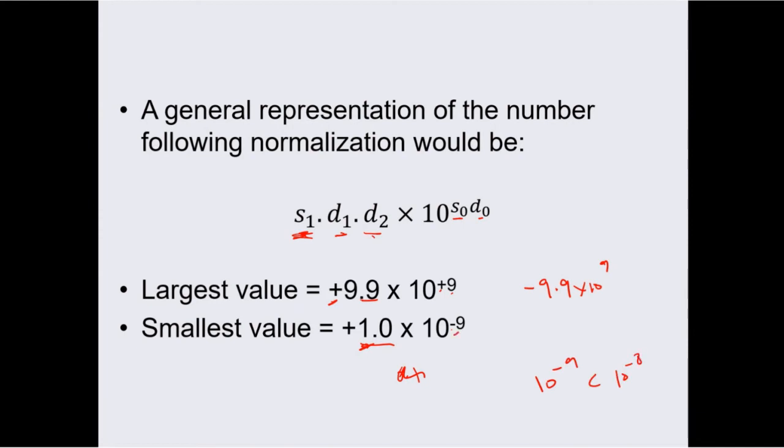So having the 9 here makes the number smaller because we have a negative sign there. So that's the range that we can get. The maximum number is going to be 9.9 times 10 to the power 9. So from minus 9.9 times 10 to the power 9, up to plus 9.9 times 10 to the power 9. Also, the smallest positive value that we can define is 1 times 10 to the power minus 9.